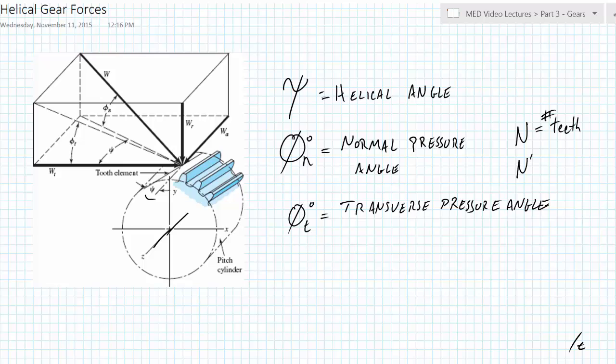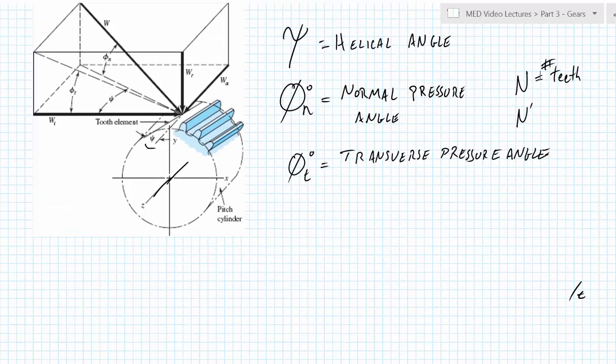So we can talk about the teeth that are physically there, the ones we can count, as well as the effective ones when we consider the transverse pitch. Typically we'll see a gear specified by its normal pitch, its normal pressure angle, the number of teeth it physically has, and the helical angle.